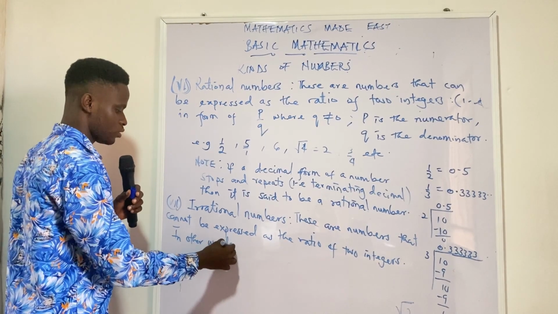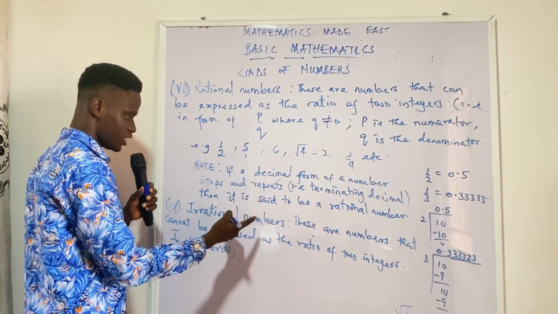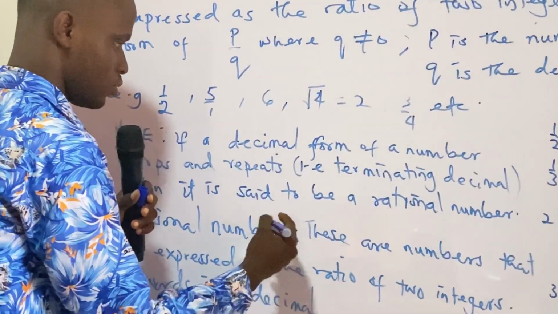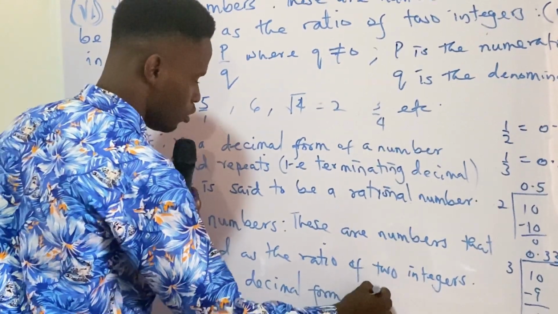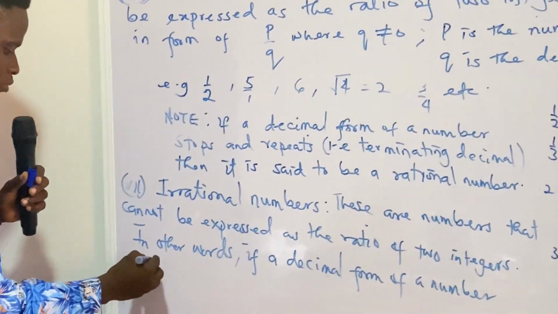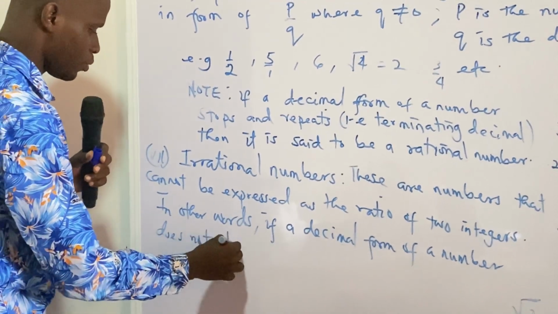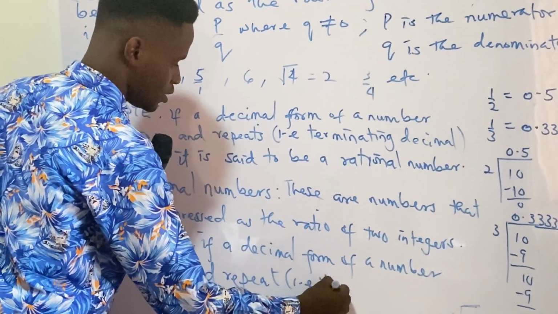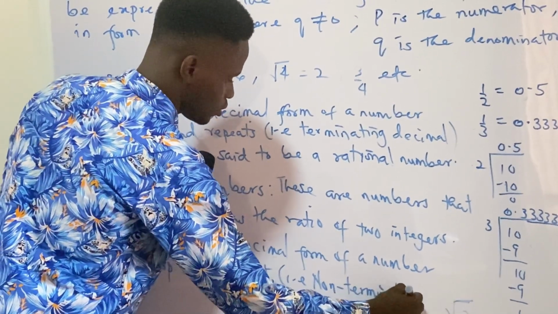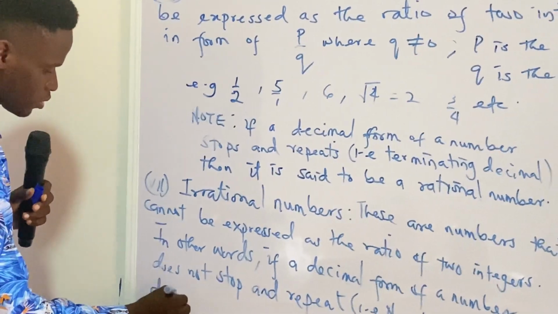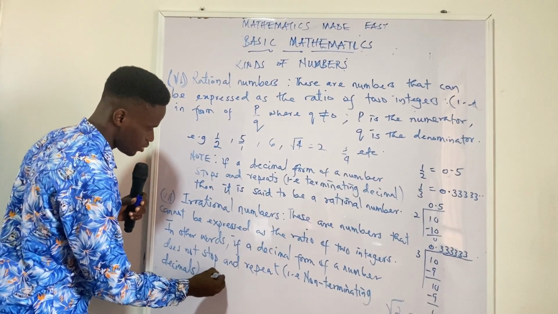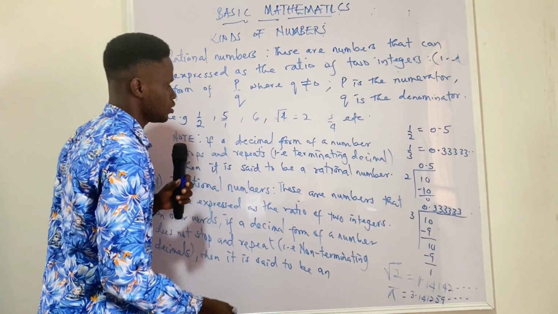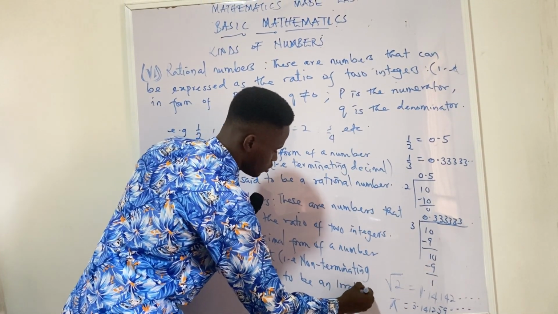In other words, you can say if the decimal form of a number does not stop or repeat, that is a non-terminating decimal, then it is said to be an irrational number.